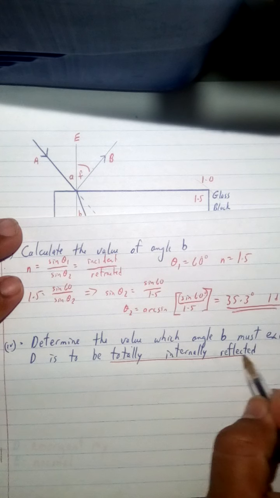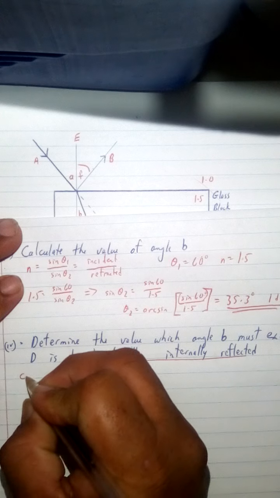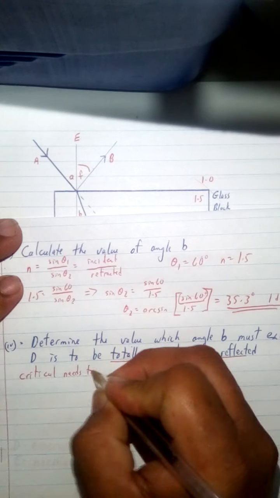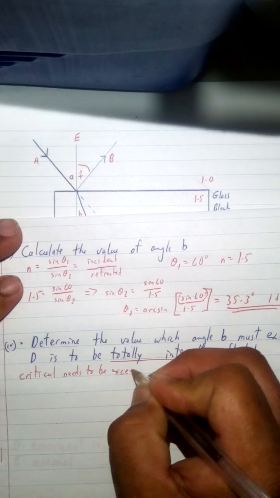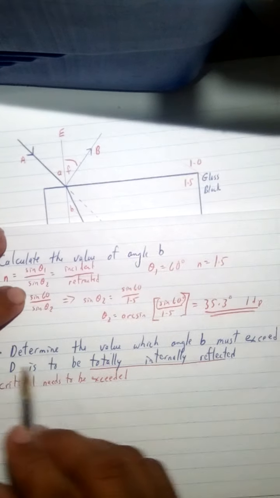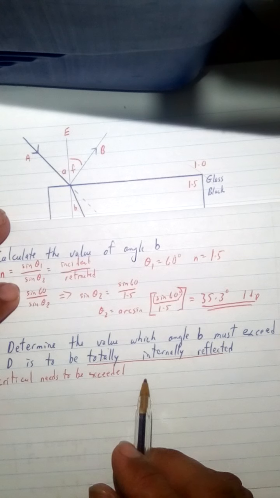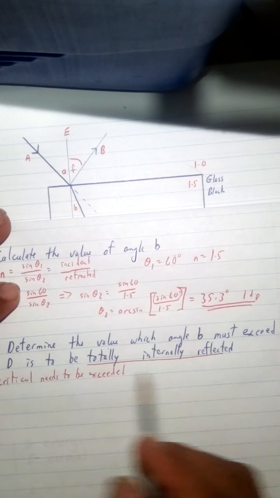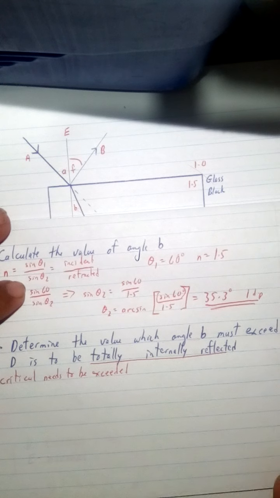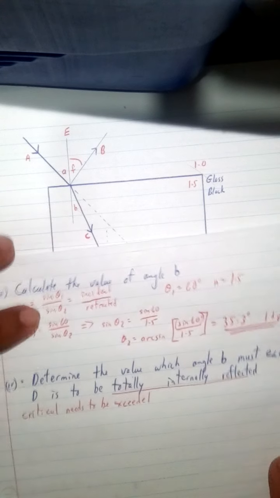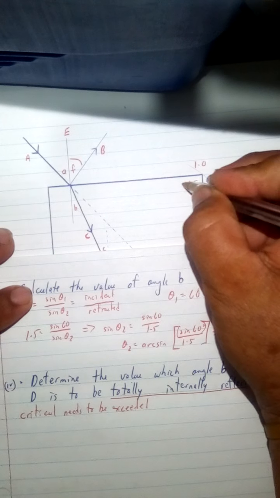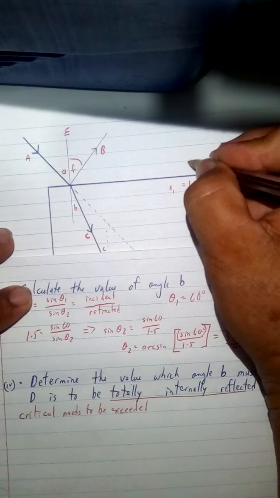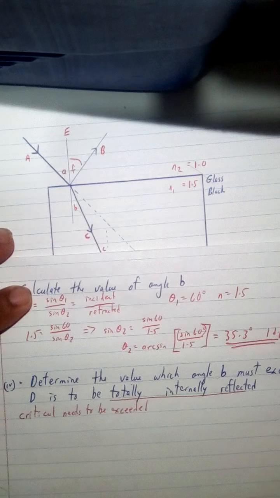For total internal reflection, the critical angle needs to be exceeded. Therefore, we must determine first of all what is the critical angle. Determine the value which angle B must exceed. So we must determine that particular angle to answer this question. You know that the glass block refractive index is medium 1 because it is going from here, and then here will be medium 2.